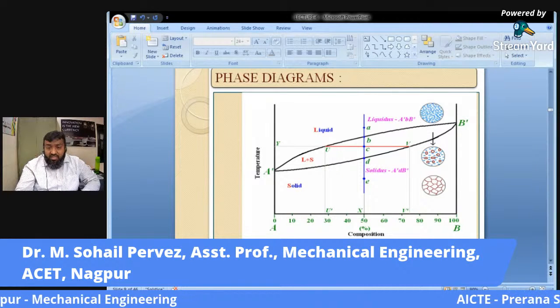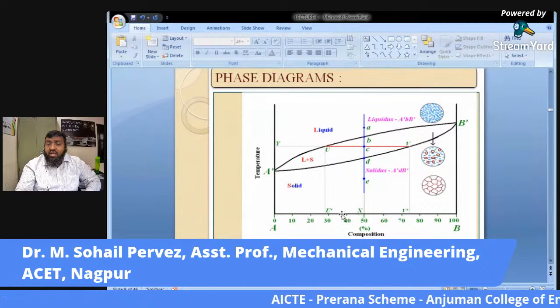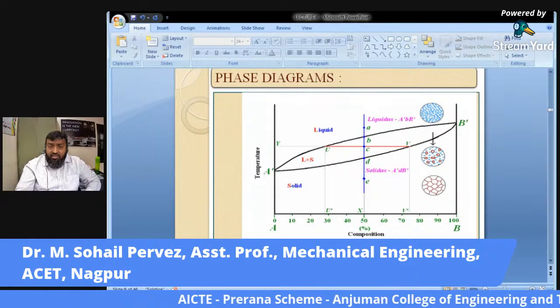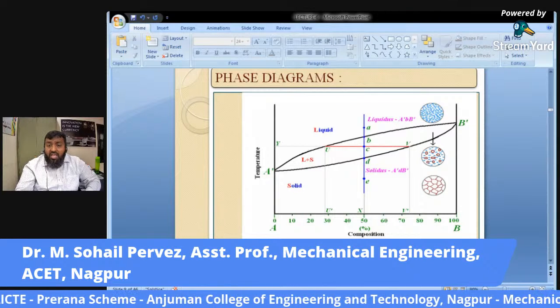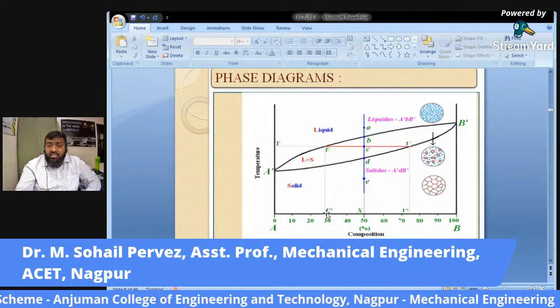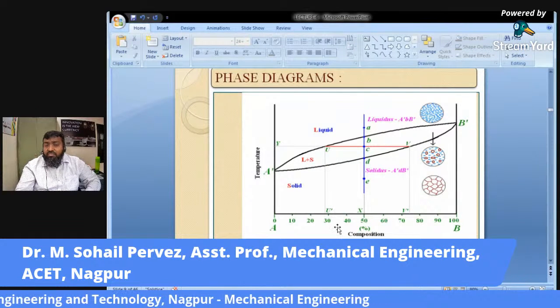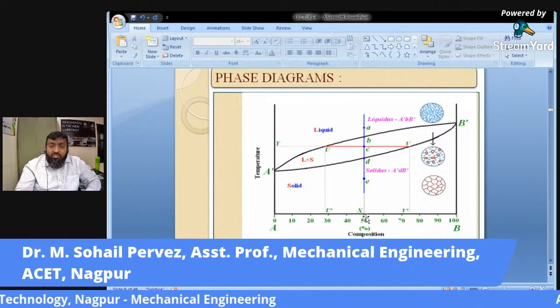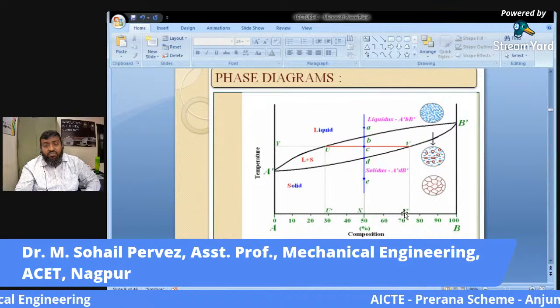Now we'll be using the formulae for this using the lever rule. So in that case, mass fraction, say U dash and V dash.